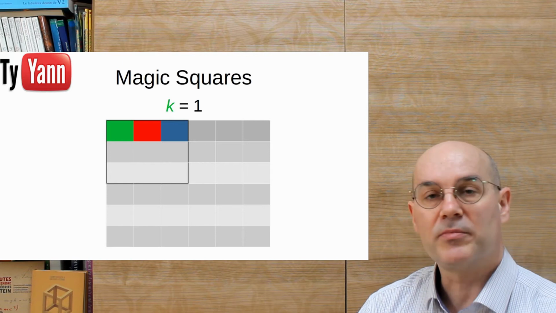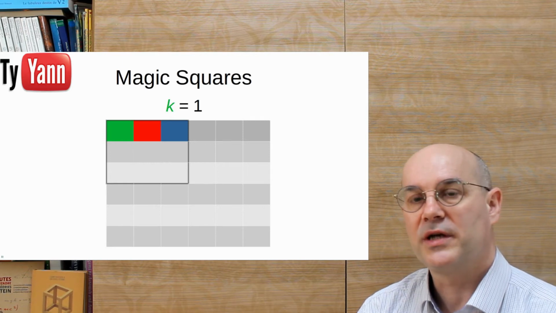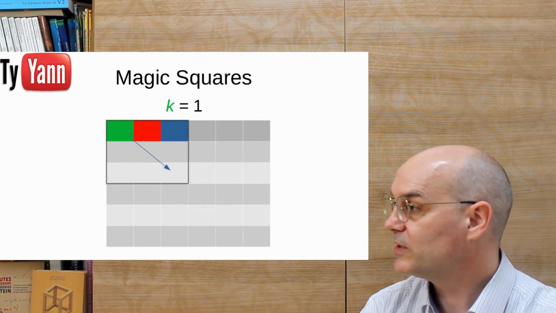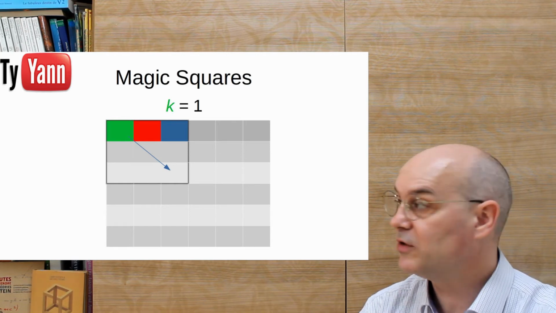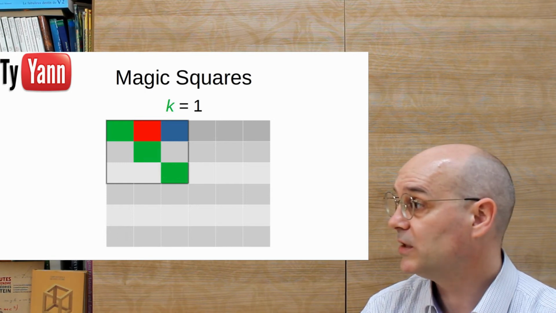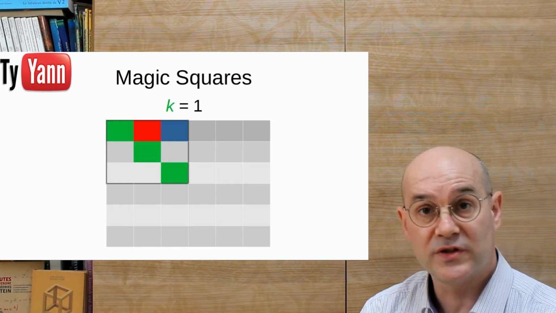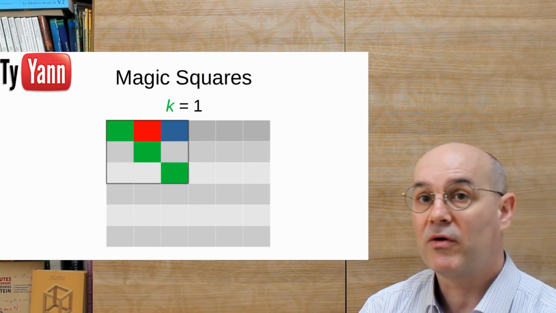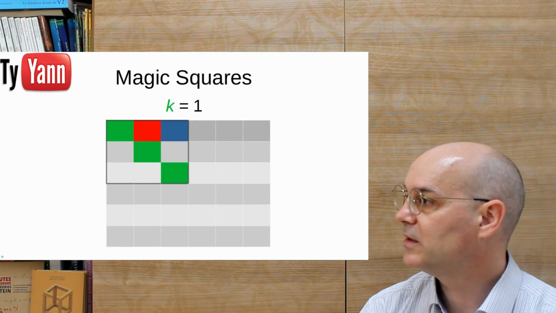Now the second step is to go downward diagonally like this. So what is this supposed to mean? Well, this means that you complete the diagonal with the green squares, like this. And you also do the same with the red and the blue, wrapping around still in our quarter square, like this for the red, and the same for the blue.